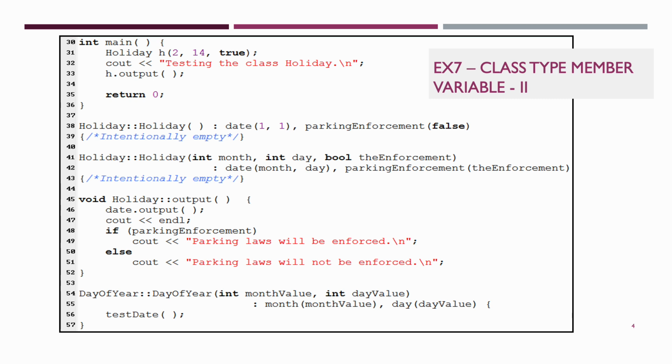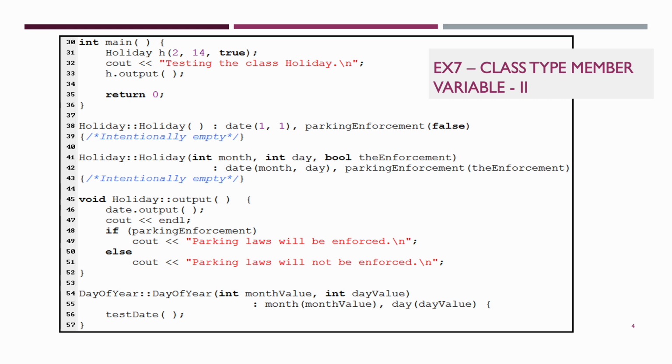It initializes the date member variable with the provided month and day, and sets parking enforcement to the passed boolean value. Again, the comment indicates that this constructor doesn't perform any additional actions beyond the initial member variable assignment.